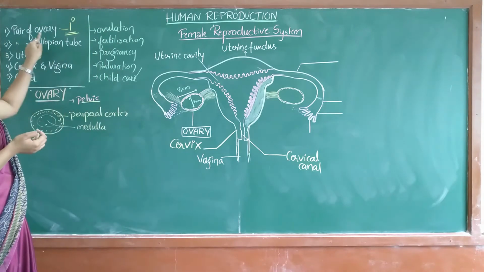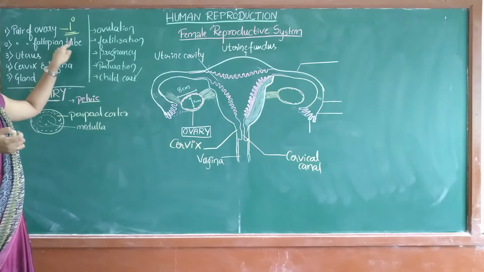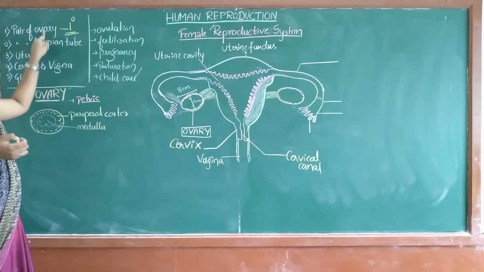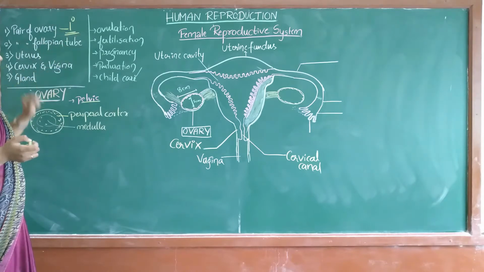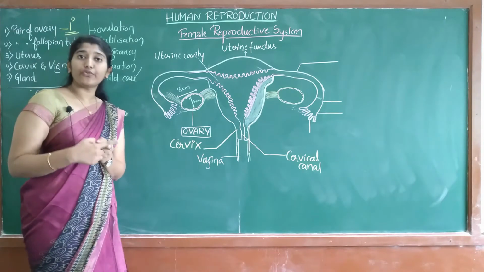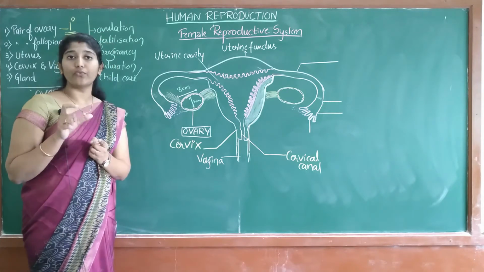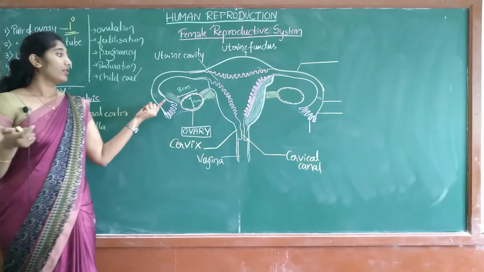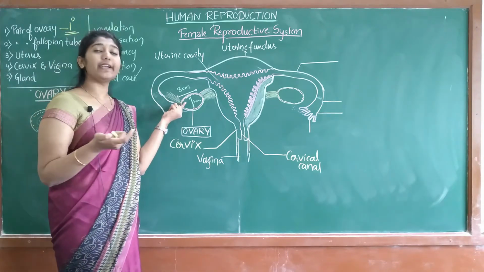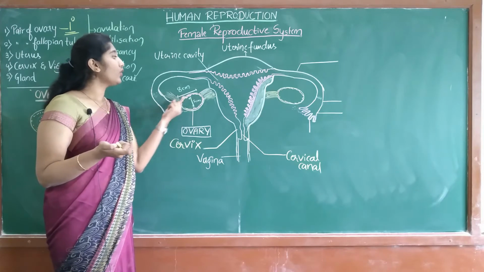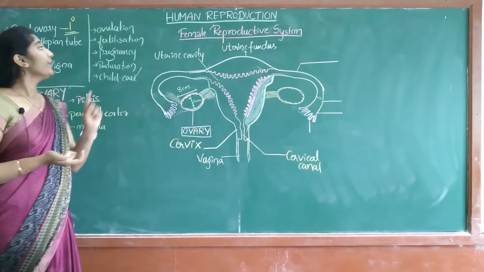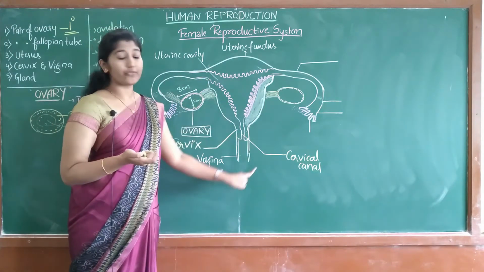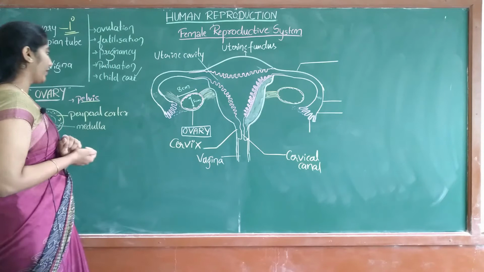I told you why we call it a primary sex organ: even in case of female, the ovaries are the primary sexual organs, because of the formation of the egg, also called ovum, and also some female hormones are secreted in the ovary. That is why we call ovaries the primary sex organs, and the rest of the things in the female reproductive system are secondary sexual organs.